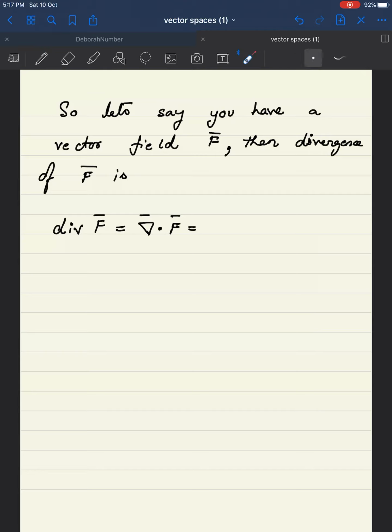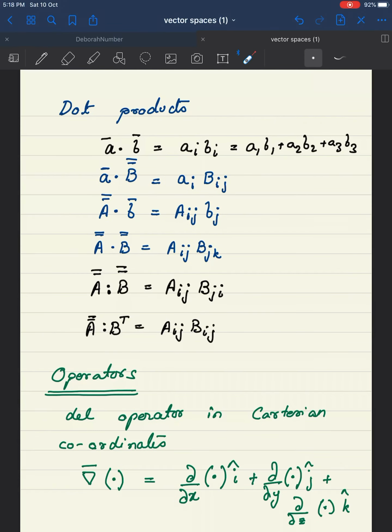So, I pretend that this itself is a vector, this is obviously a vector, then I write the divergence as a dot product of two vectors. Now, I have already told you what the del operator looks like.